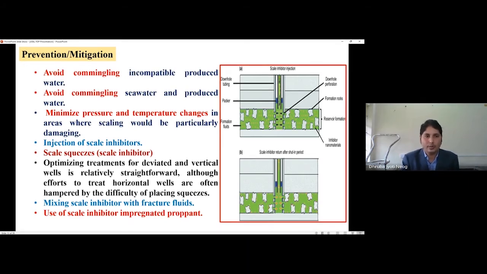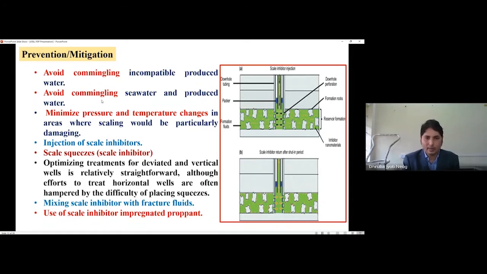How do we avoid these scale deposits? It can be done by various means. First, avoid commingling of incompatible produced water, because this issue is related to the water injection process and the incompatible mixing of injection water with the already present formation water. If both waters are made compatible, then scaling issues can be avoided. Also, whenever seawater and produced water mix, scaling often results.